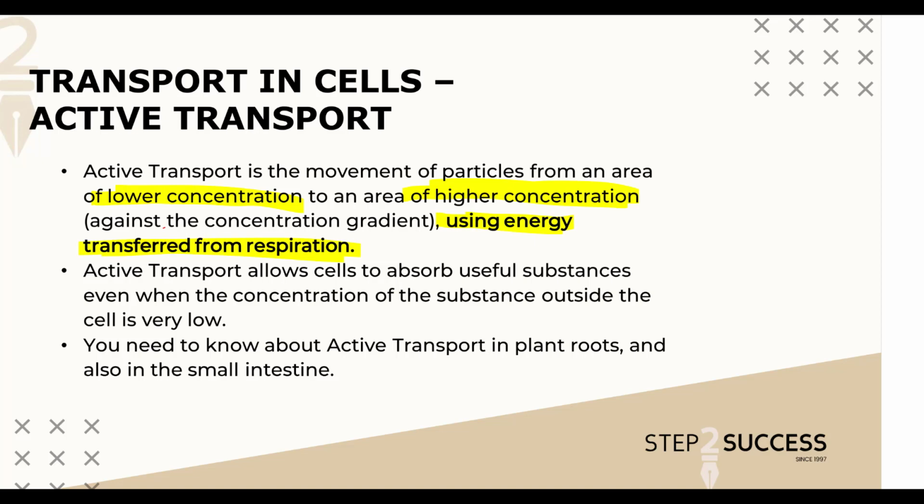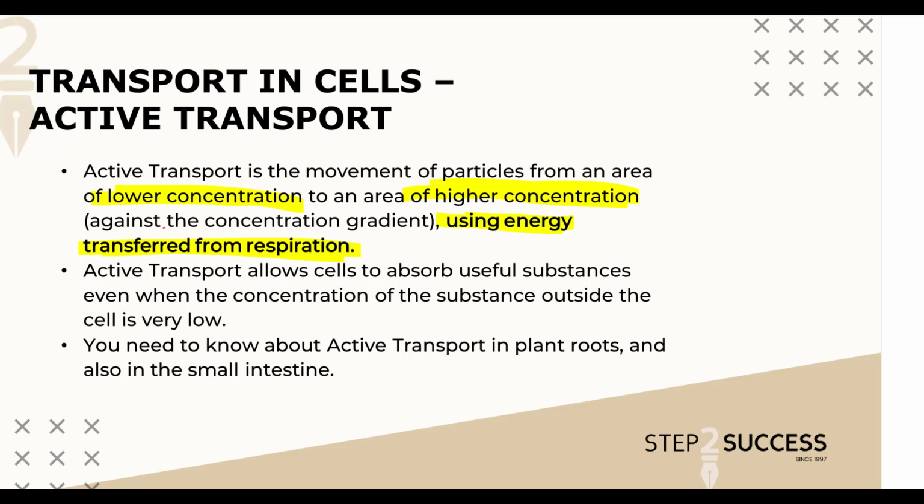So any cells that need water or any substance to go the other way, so from a low to a high concentration, will need energy. And that again now links back to the mitochondria. Any cell that needs to use this form of cell transport, active transport, needs to have mitochondria to give it the energy it needs to force substances to go the wrong way, or the other way, or against the concentration gradient.